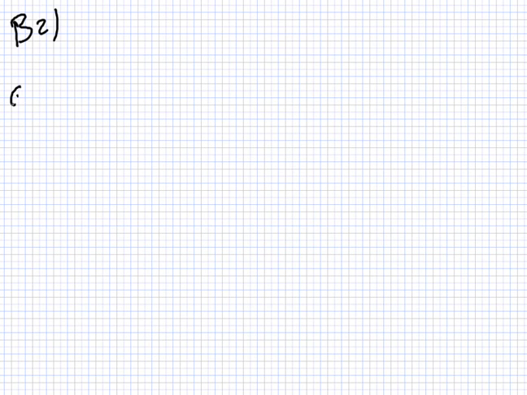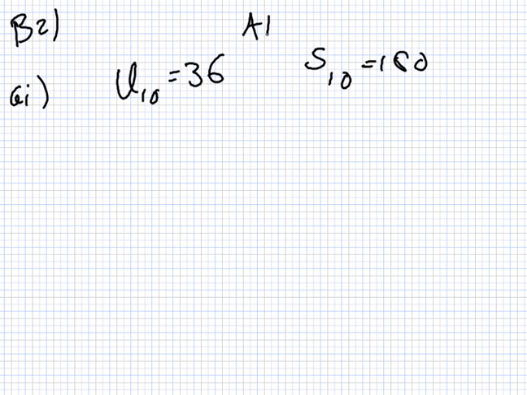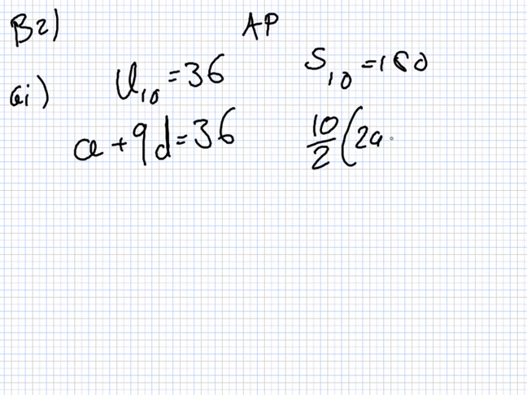B2, part 1. The 10th term is 36, and the sum of the first 10 terms is 180 in an arithmetic sequence. Find the a and the d. So we know that a plus 9d equals 36, and here we know n over 2, 2a plus (n minus 1)d equals 180.